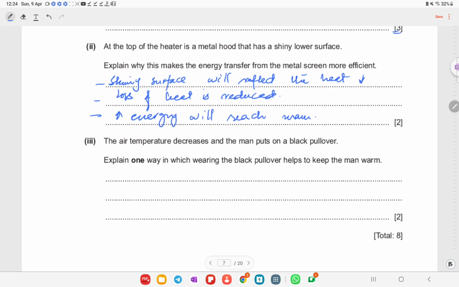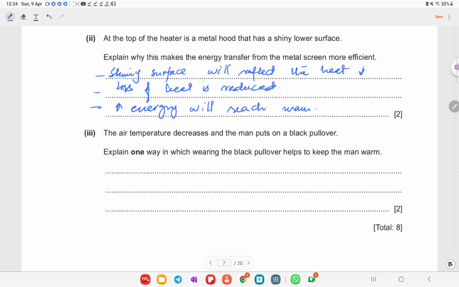The air temperature decreases and the man puts on a black pullover. Explain one way in which wearing the black pullover helps to keep the man warm. So we know that black is a good absorber. This is a 2 mark question, so we have to write two reasons.